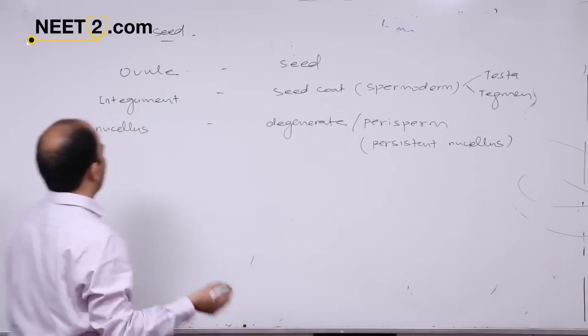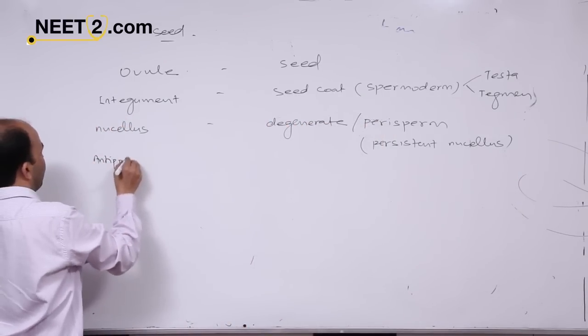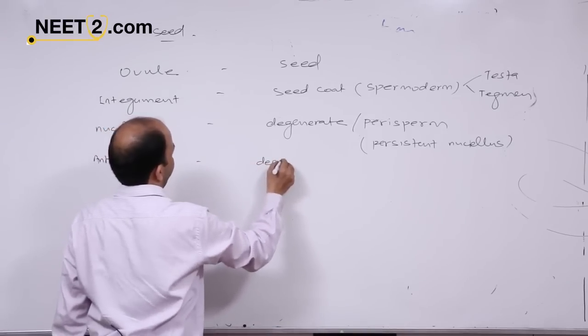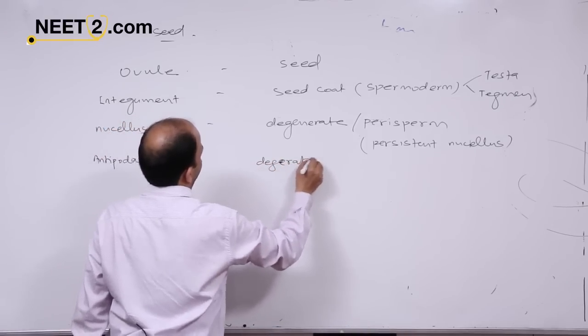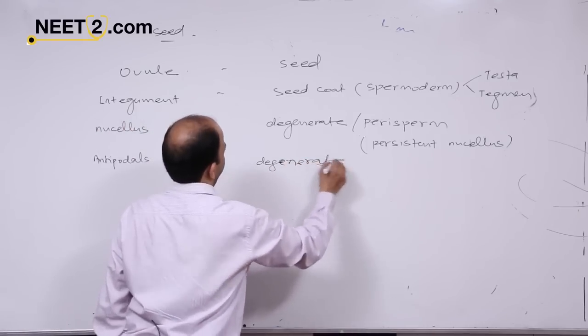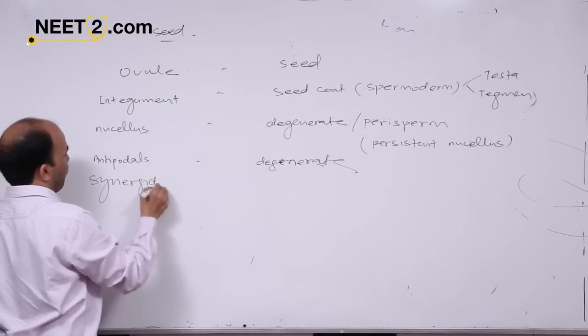In case of embryo sac, there were antipodal cells. Antipodals degenerate. Synergids will also get degenerated.